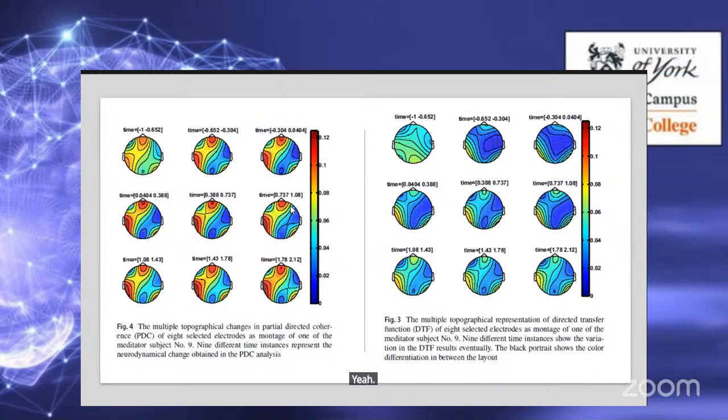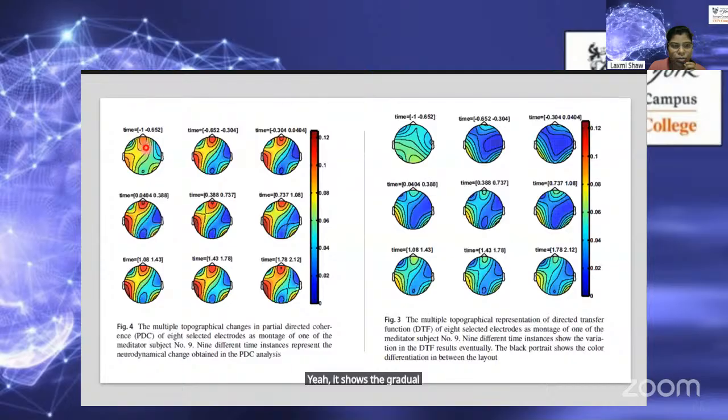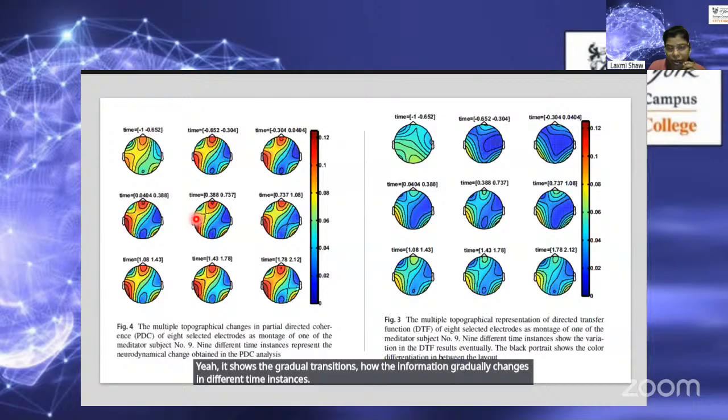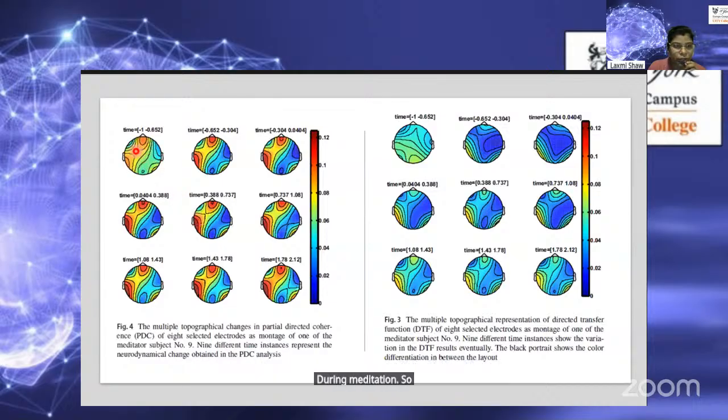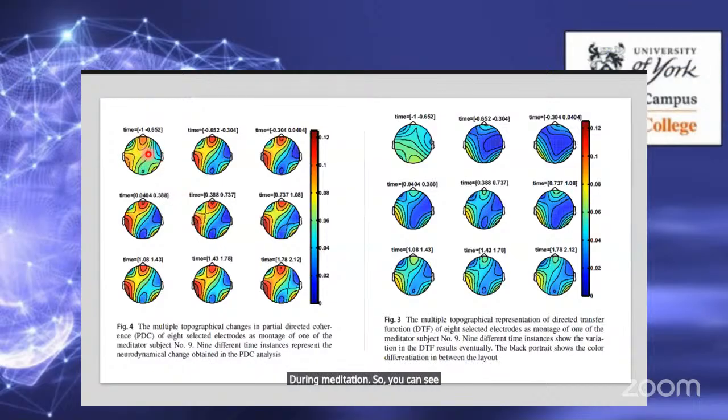But as I see in the caption below, you say that there are topographical changes in the partial directed coherence. Yeah, it shows the gradual transitions, how the information gradually changes at different time instances during meditation.